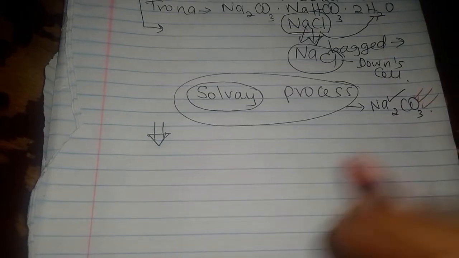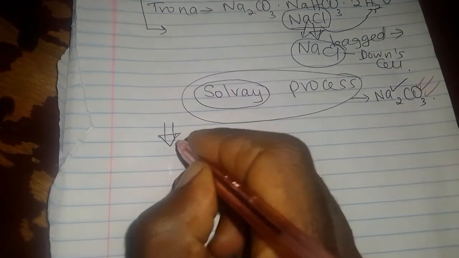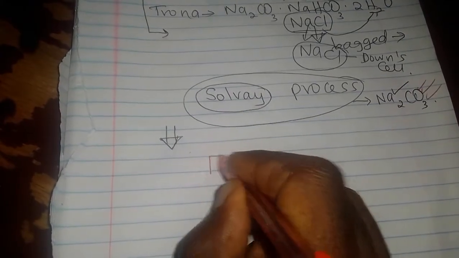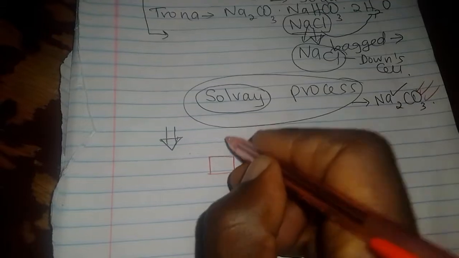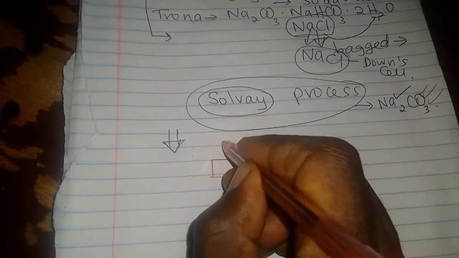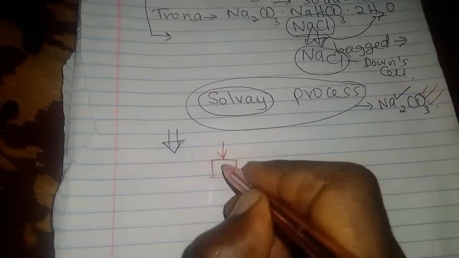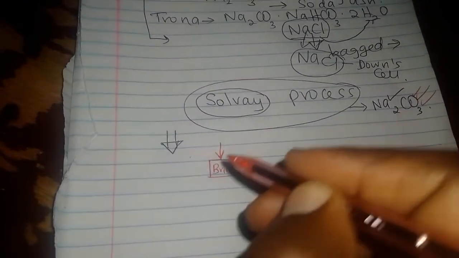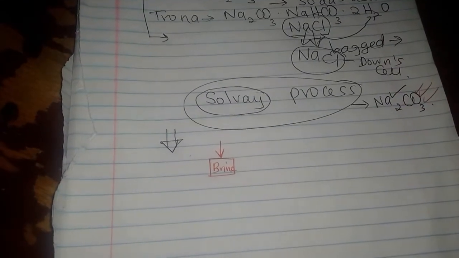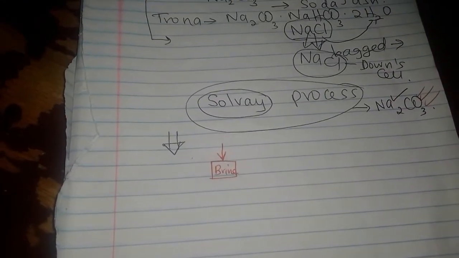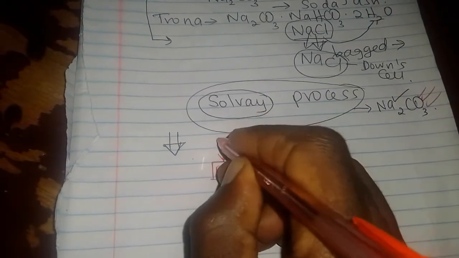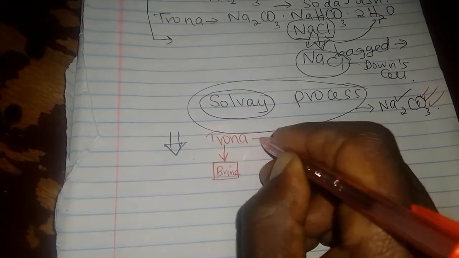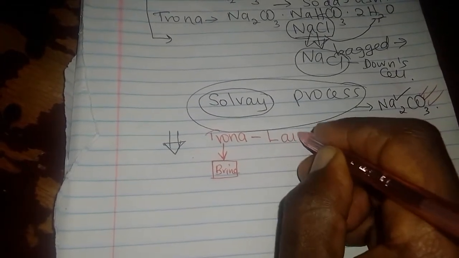Let's say this is the first chamber. In this chamber we have the brine. The brine is also referred to as concentrated sodium chloride, and the brine can come from trona, which is obtained from salty lakes like Lake Magadi.